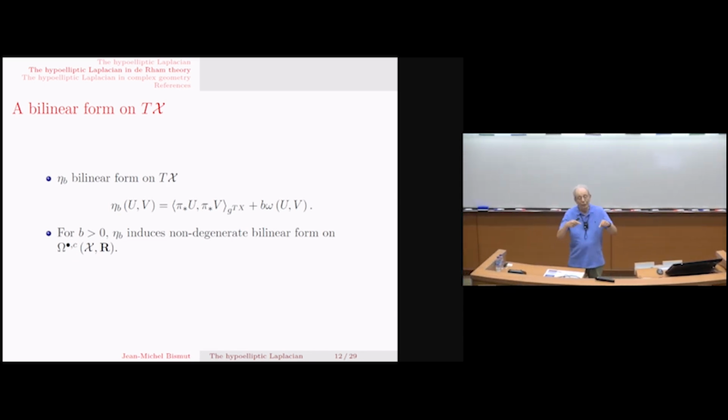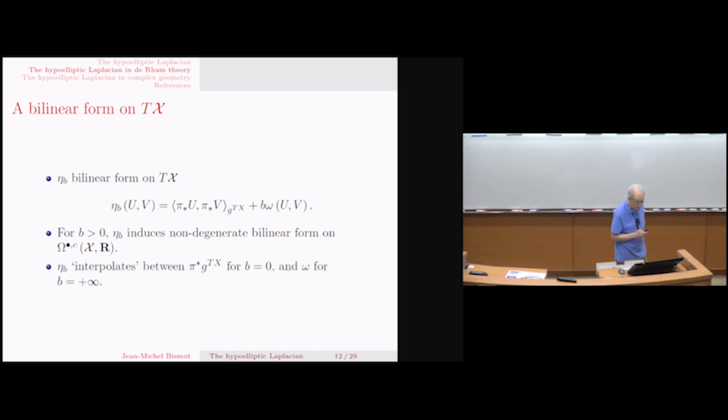Since it's non-degenerate, again, we can use it to define a non-degenerate pairing between smooth forms, simply by duality. Exactly the way we did in the symplectic case, or the way that you do when you have a metric. You use this η_B as a method to construct a non-degenerate pairing between forms.